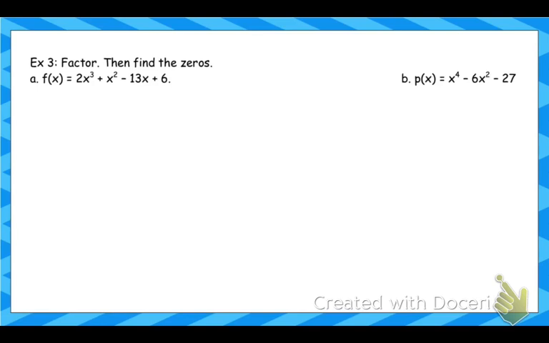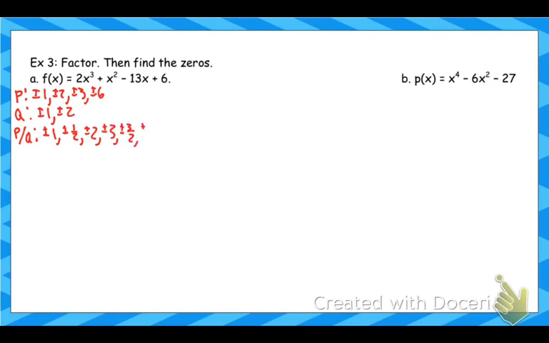All right, so let's go ahead and work on this one. Let's start with finding our possible rational zeros. Values of p are 1, 2, 3, and 6. Values of q are 1 and 2. So our possible zeros are going to be 1, 1/2, 2, 3, 3/2, and 6.